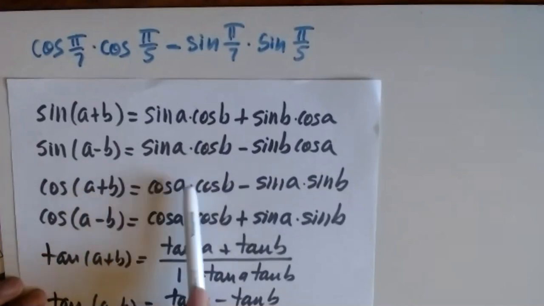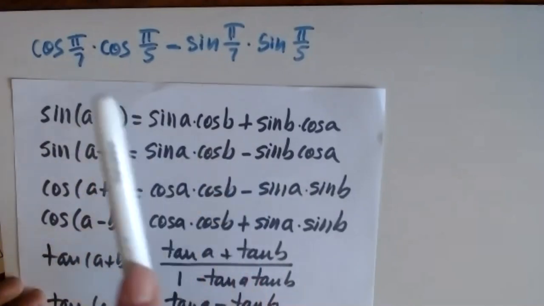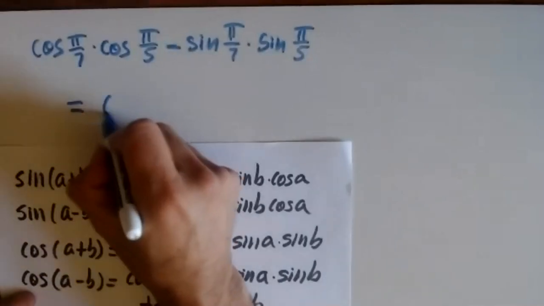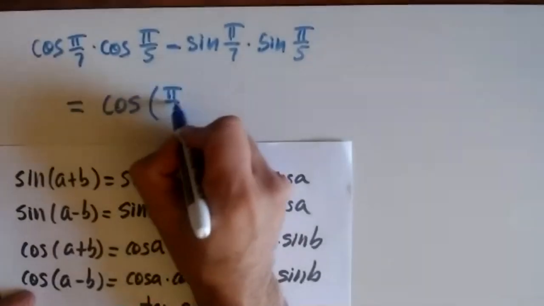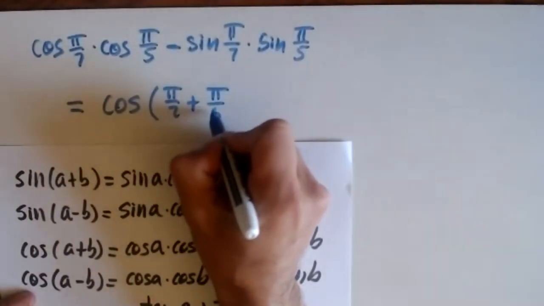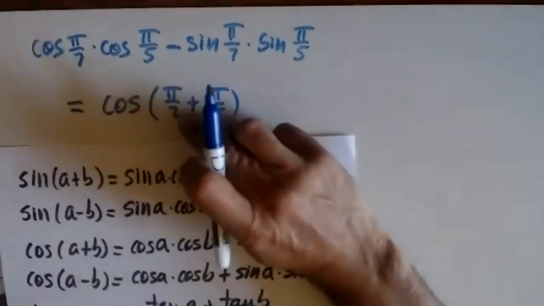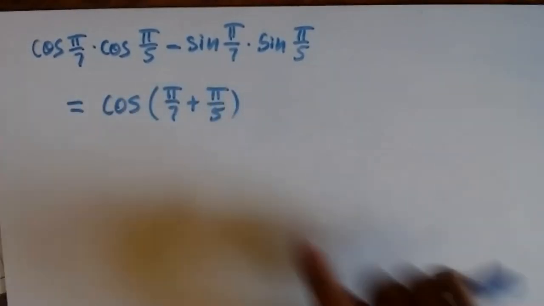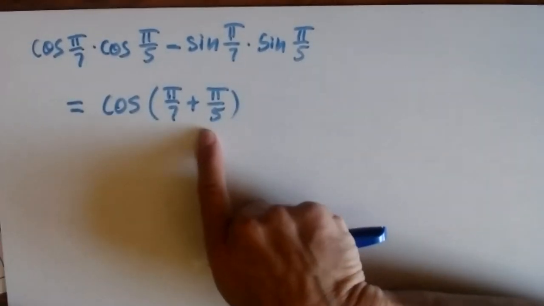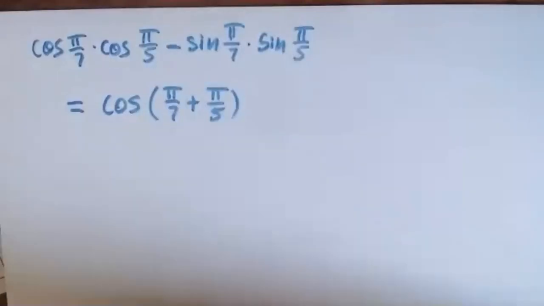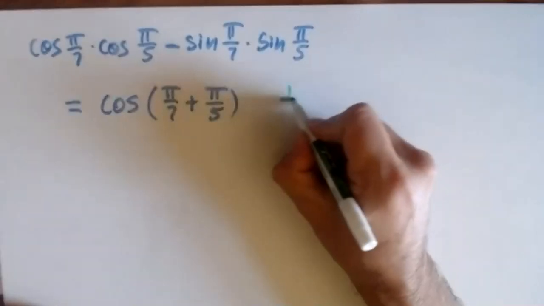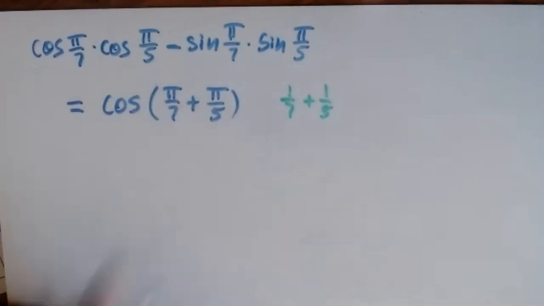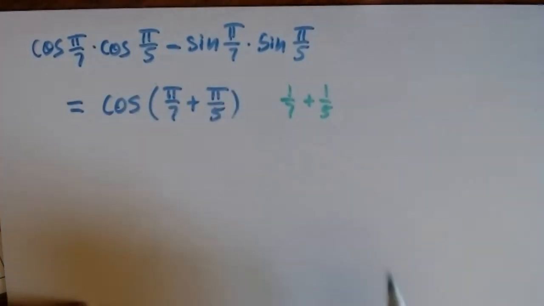So I'm going to do A is pi over 7, B is pi over 5. This is simply equal to cosine of pi over 7 plus pi over 5, correct? Now here is the problem, because this is something you have to solve. Pi is something you can factor, so you have 1/7 plus 1/5.